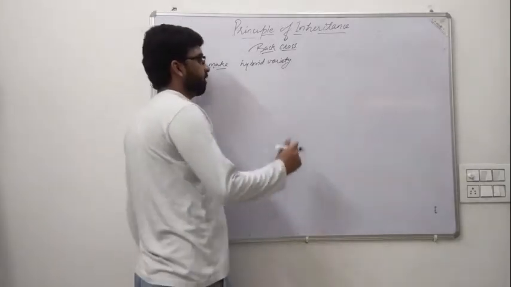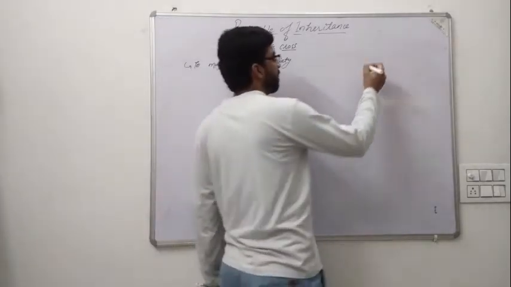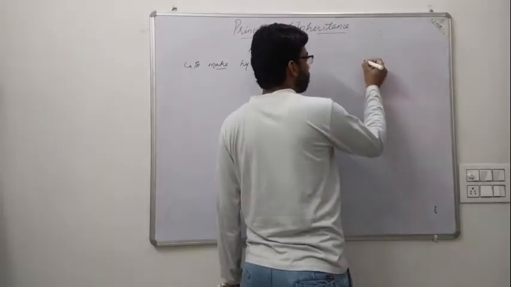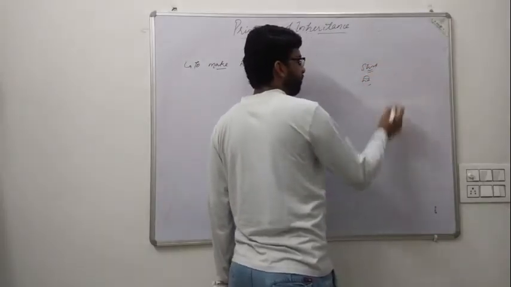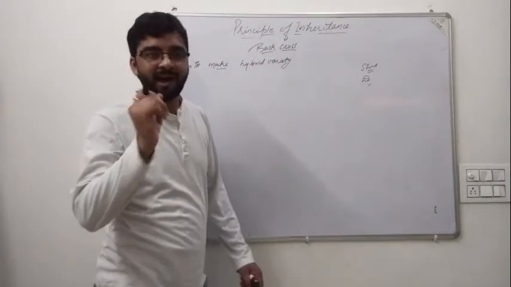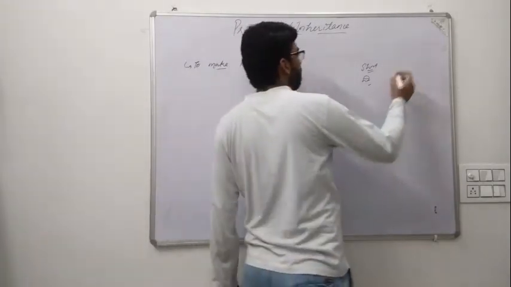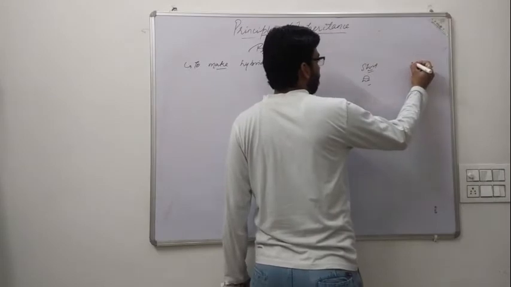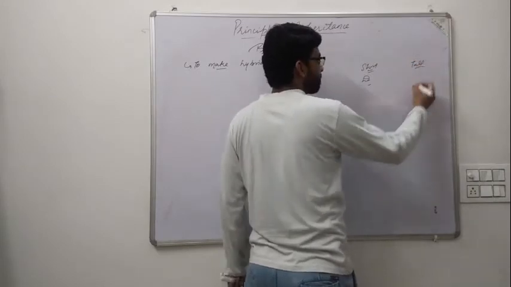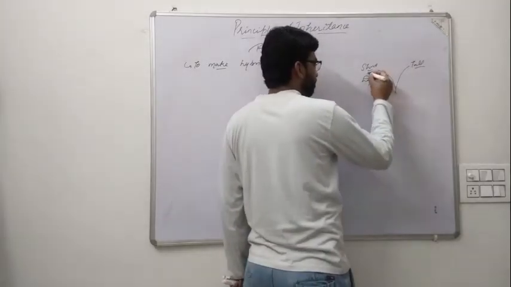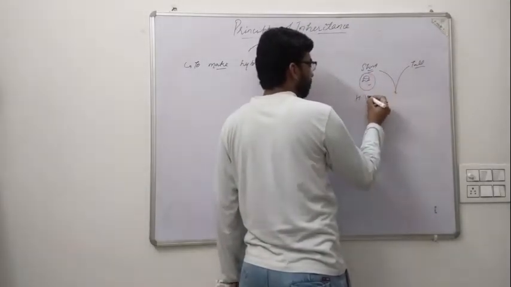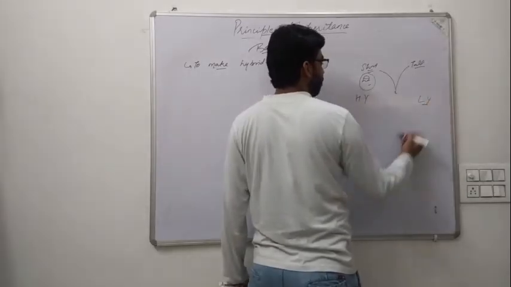Hybrid means, just assuming, a plant that is short, meaning dwarf, with high yielding capacity, and a plant that is tall with low yielding capacity, are crossed.